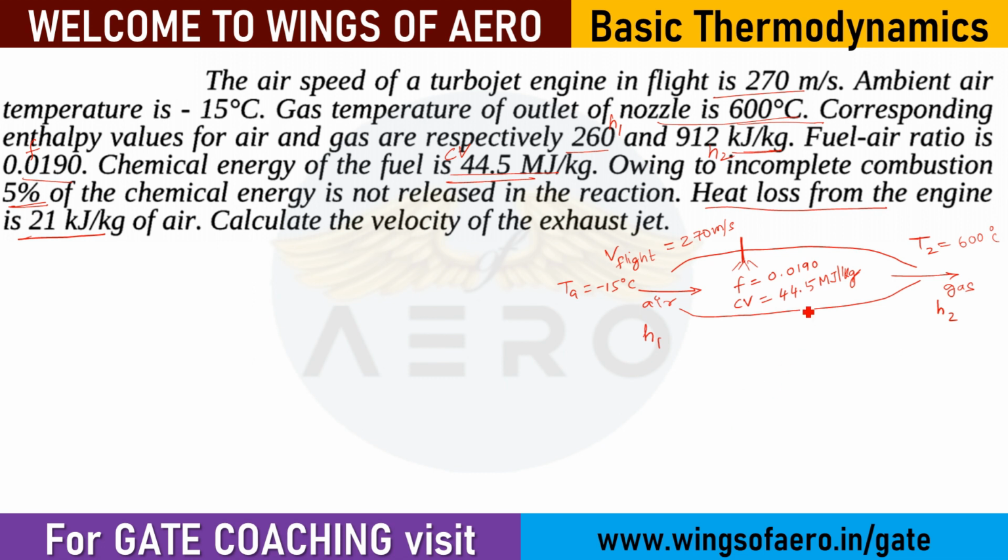So whatever the heat is added in this region, the combustion has not been done completely, it was 5% incomplete. If this was 100%, it could not give the complete 100%, there is a 5% error. So due to that, what is the heat lost?